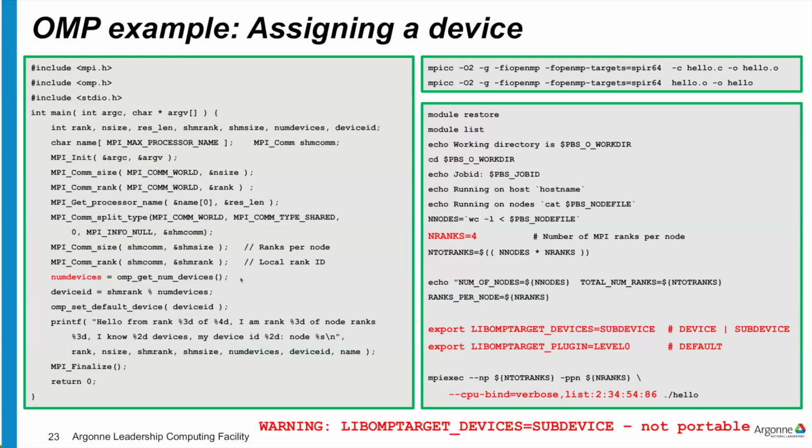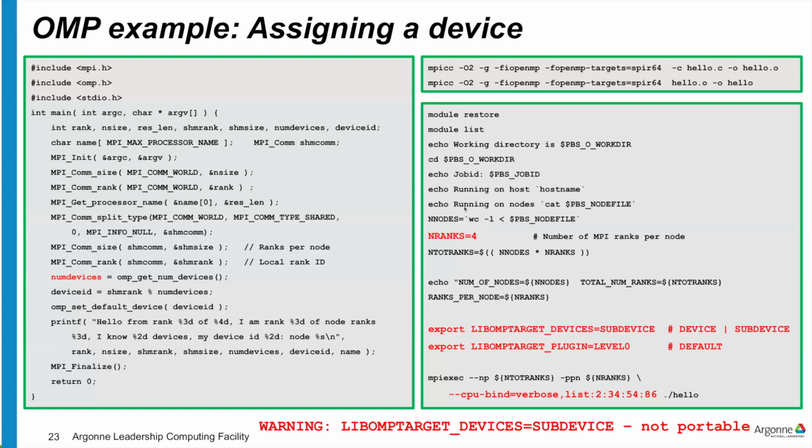This is a full example of how to identify yourself in the environment and how to identify the devices and locate those devices in a way that each MPI process will use the local GPU, the GPU located directly on that same socket.